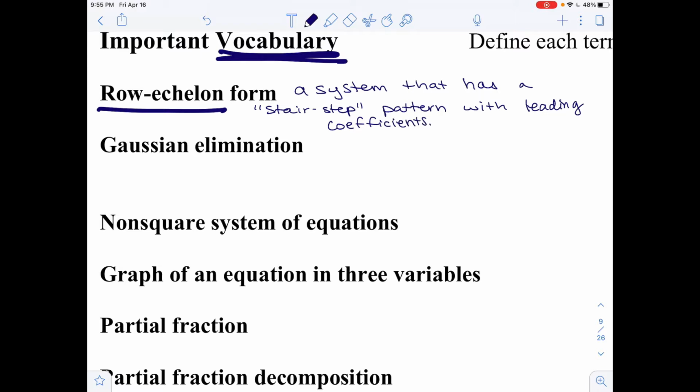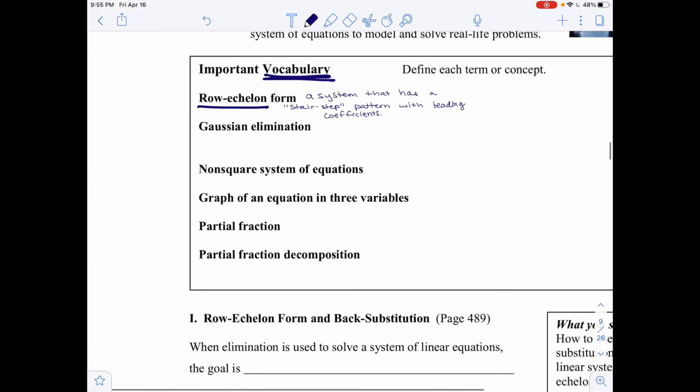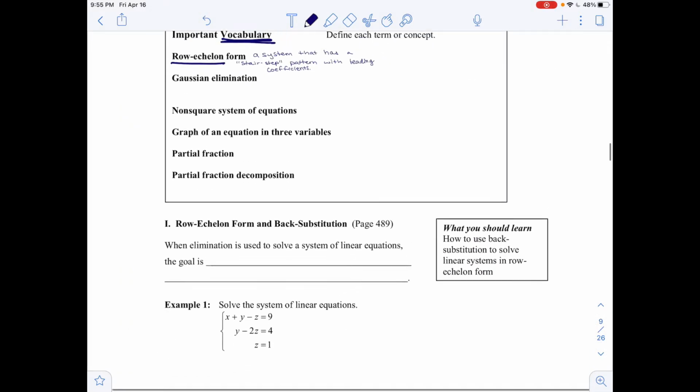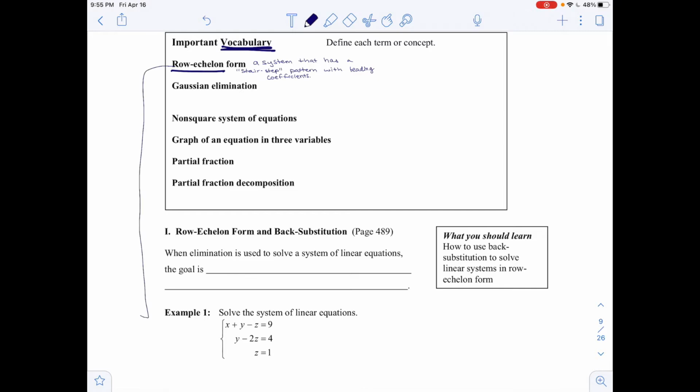And if you're thinking, what on earth could a system that has a stair-step pattern look like? If you look down here at example number 1, this is an example of row echelon form. You see that the top equation has 3 variables in it, the second equation has 2 variables in it, and the last equation has 1 variable in it.